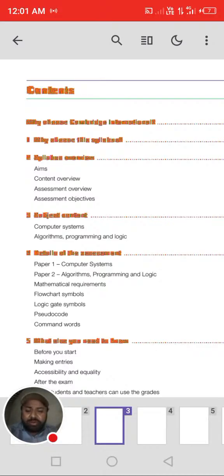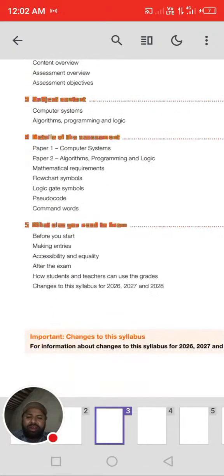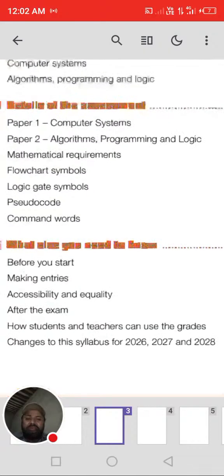What is this content? This is very important, dear students. What is its content? And we are going to see that. Why choose this syllabus? Syllabus overview, aims, and then content overview, assessment. Look at below, if you see here, the detail of the assessment: paper 1 will be computer systems, and paper 2 will be algorithms, programming and logic.